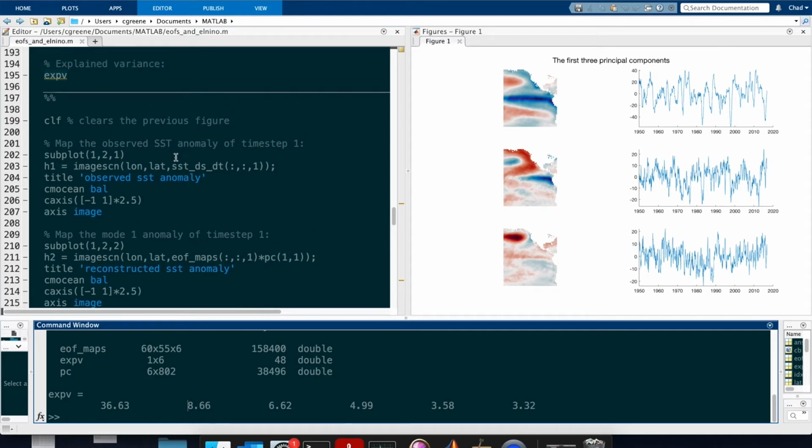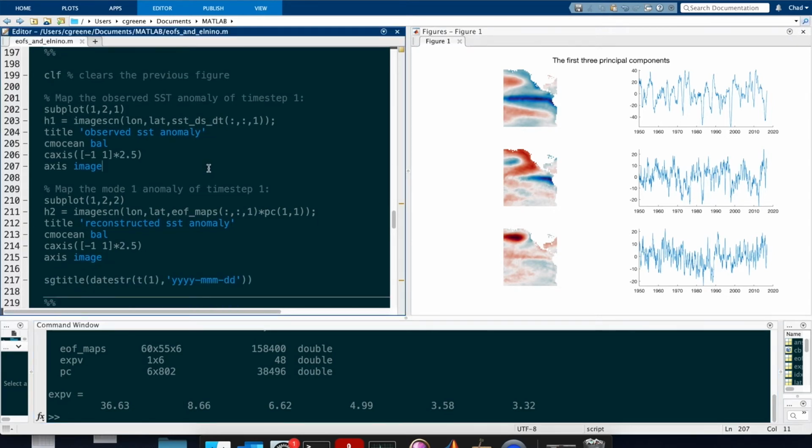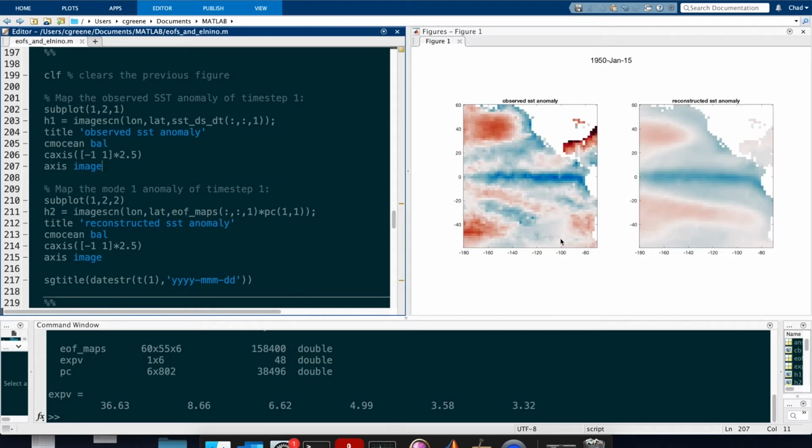Well, let's take a look at the very first time step in the data. And on the left-hand side, we're just plotting the observed sea surface temperature anomalies as they are in SST, DS, DT. That's the detrended, deseasoned SST map.